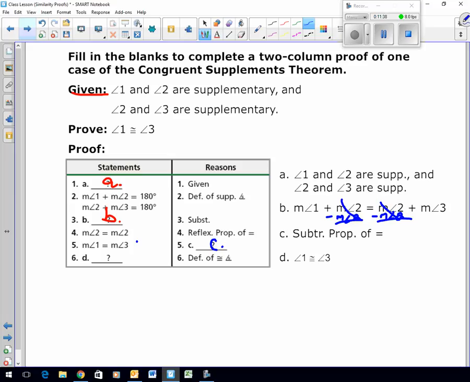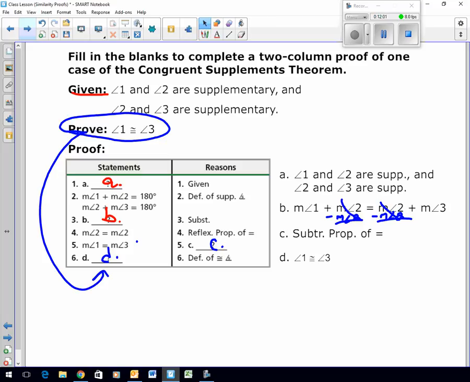If angle 1 is equal to angle 3, what does that mean about angle 1 and angle 3? They're congruent, right? And that was what I was trying to prove all along, correct? This would be statement B over here, that angle 1 is congruent to angle 3.